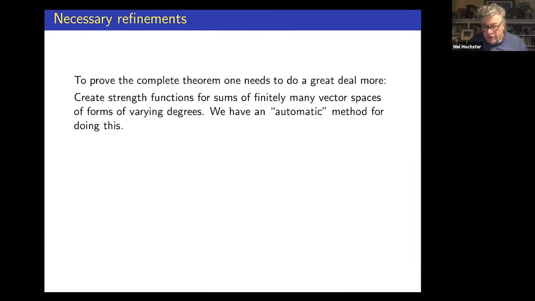All the elements are of the same degree. But once you can do it for one vector space, we have tricks for getting a strength function that works for a sum of vector spaces. There's an interesting theorem involved, but we can do that.